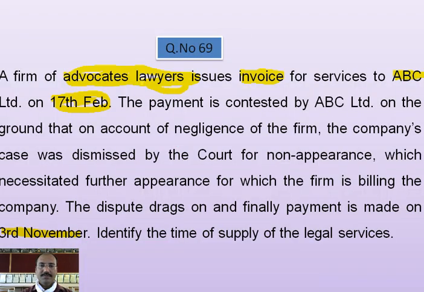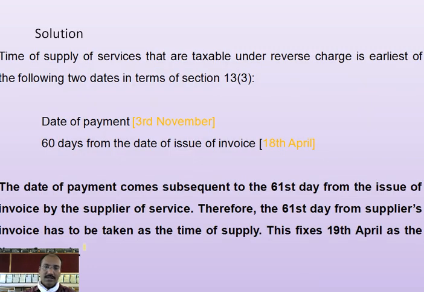So date of issue of invoice is 17th February. From 17th February, 2 months, it comes March, April. So April 17 or 18th is the revised date, and 3rd November is the next date. So out of these two, I think you have the answer here. See, 18th April is the date after 60 days, and 3rd November is the date of payment.